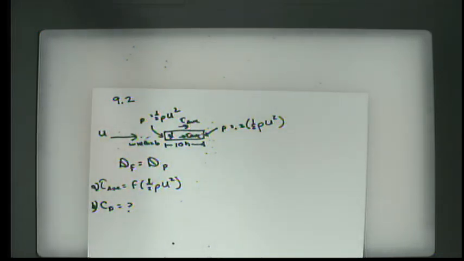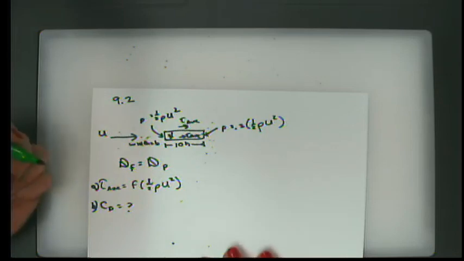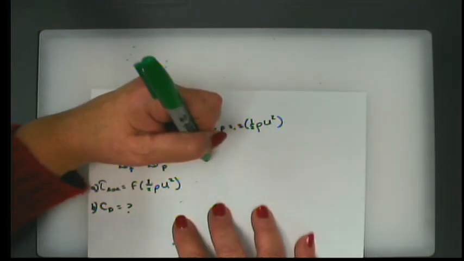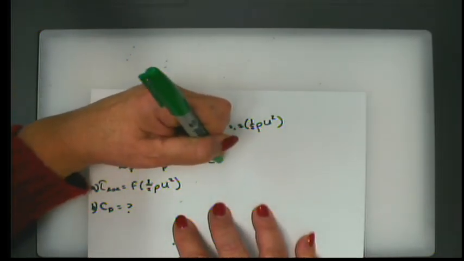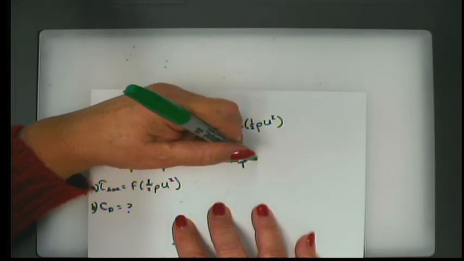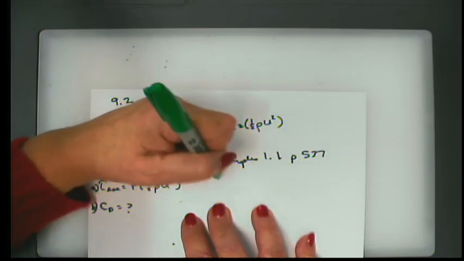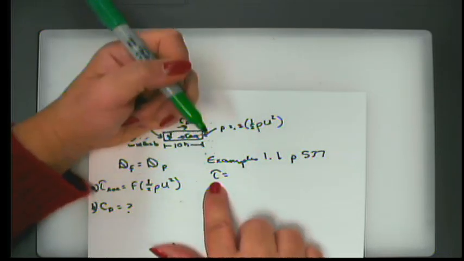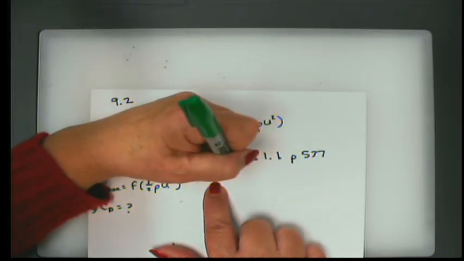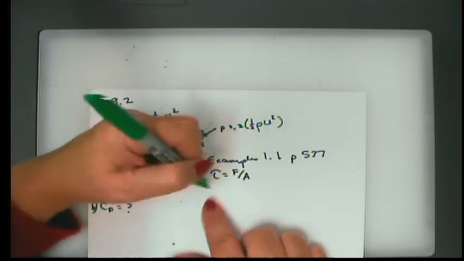First of all, there's a good example in your textbook, example 1.1 in this chapter on page 537. We know that tau, which is shear stress, is equal to a force over an area.